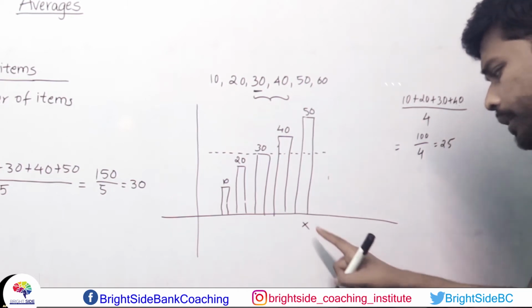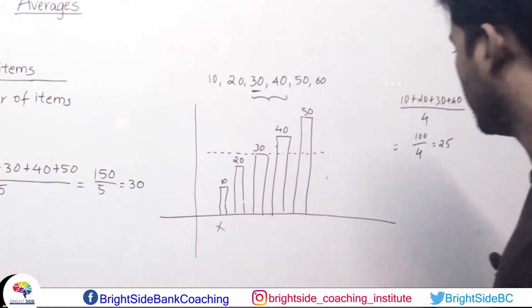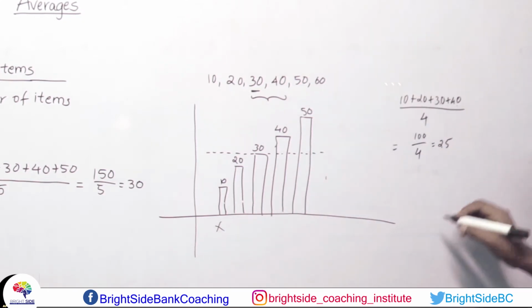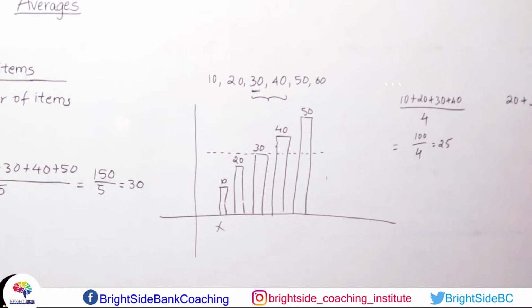So suppose we have not deleted this element, we have deleted that element. Let us see what happens. 10 is deleted, right? So 20, 30, 40 and 50 by the total number of elements, which is 4. So 50 plus 20, 70, 40 plus 30, 70. So 140 by 4.